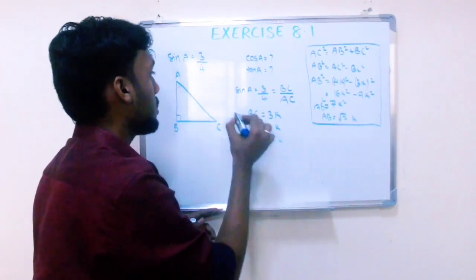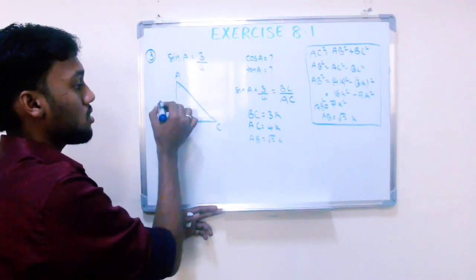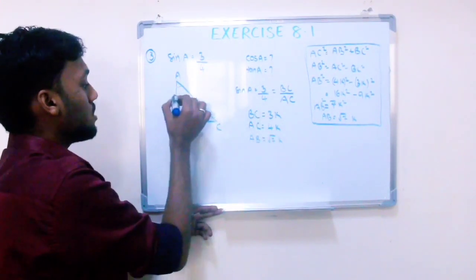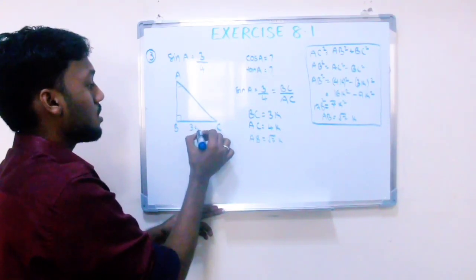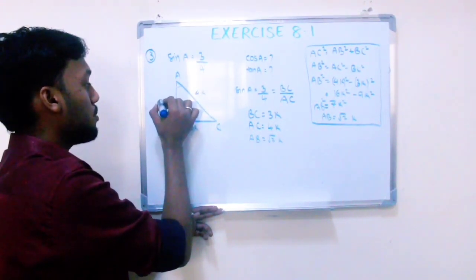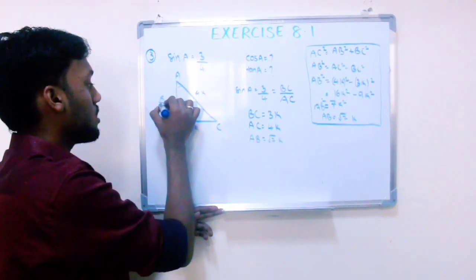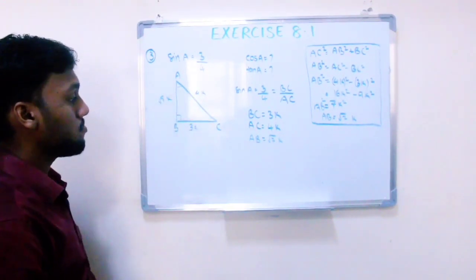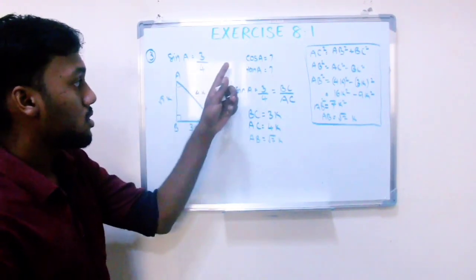Now we have calculated all sides. Let me write all sides here first. BC is 3K, AC is 4K, and AB is root 7K. What should we find?